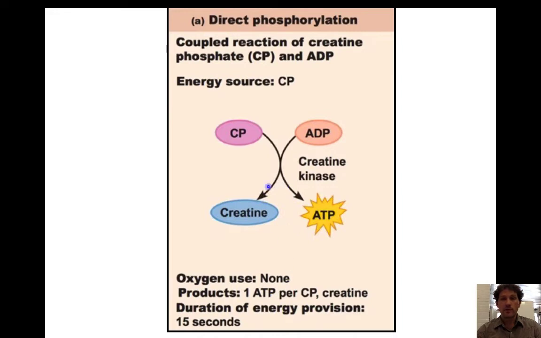As a result, we get creatine as our product. But we aren't using any oxygen, so it's a low return on investment if you think about it that way, right? We're getting 1 ATP per 1 creatine phosphate. That's going to give us a little bit of energy to last about 15 seconds or so.